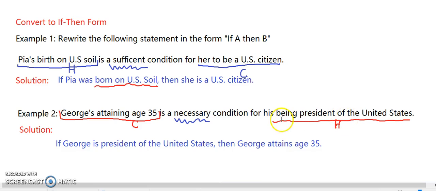It only means in order to be president, you must meet attaining age 35. So this is a necessary condition. If we write it in the if-then form, that would be: if George is president, or you can say can be president of the United States, then George has attained age 35.